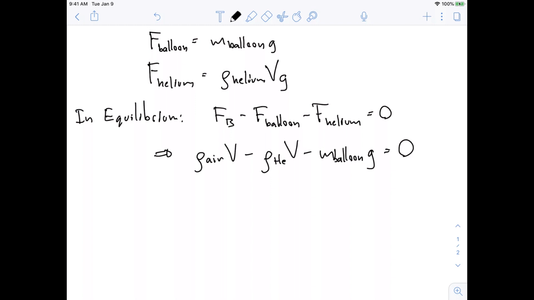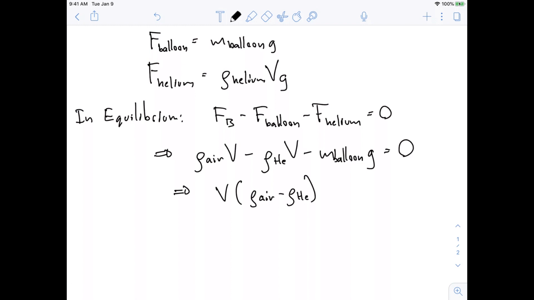That's the main thing that we're trying to solve for. So I'm just going to factor this out. I recognize that I can pull out a V times (rho air minus rho helium). That's a nice little expression, right?